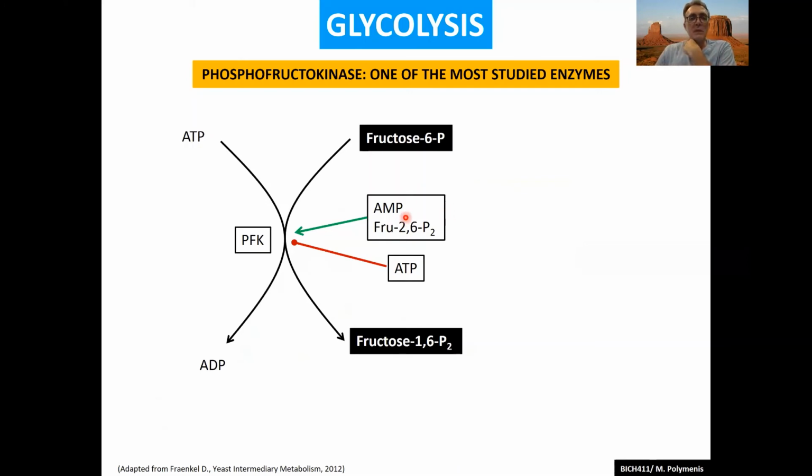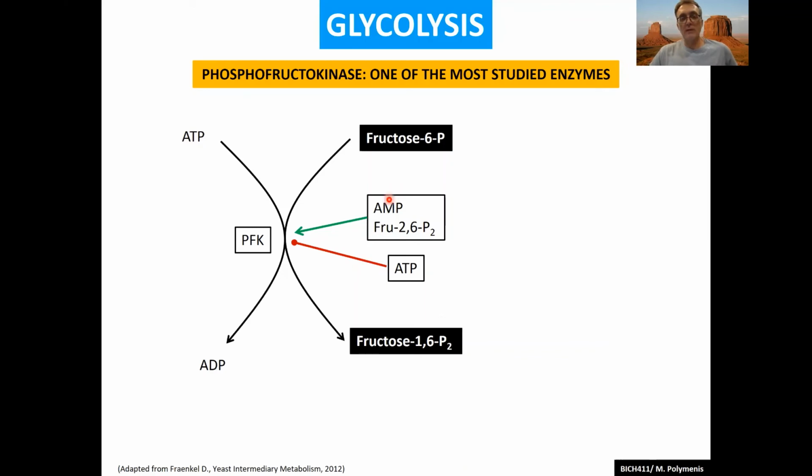So AMP will act as a positive allosteric effector, and fructose 2,6-bisphosphate will also act as another positive effector. So why is AMP more physiologically relevant than ATP's role as allosteric effectors?